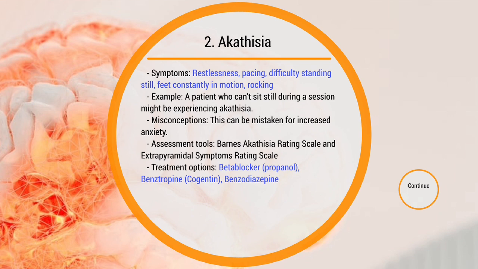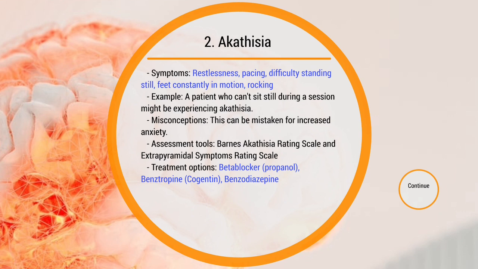Feet are constantly in motion, rocking back and forth. An example can be a patient who can't sit still during a session, who may be experiencing akathisia. People often mistake akathisia for anxiety, right?